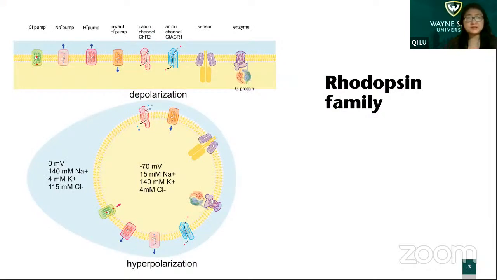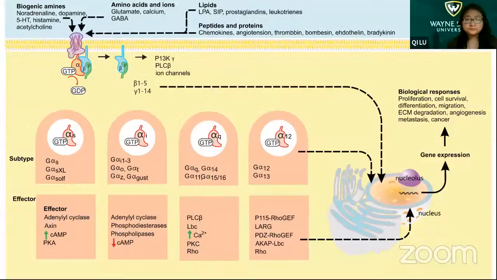The rhodopsin family is huge. Most of them are chloride pumps, proton pumps, and some channels, and also enzymes that activate adenylyl cyclase (AC) or PDE. In vertebrates, most of them are coupled with G protein and function as G protein coupled receptors.